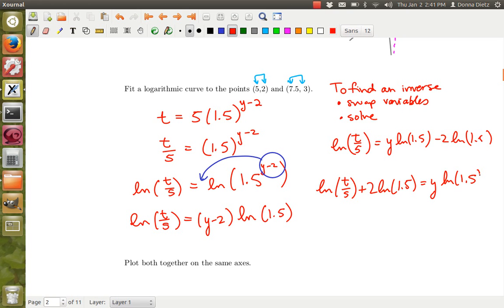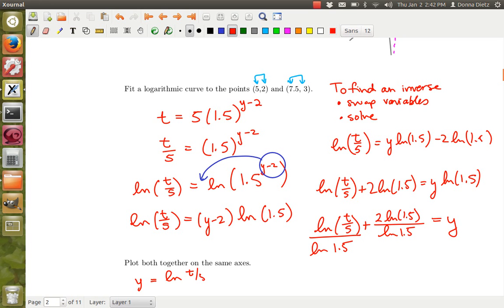In class, I'd prompt you guys to do this. I feel like there must have been some kind of shortcut that I'm missing, maybe not. Okay, so y equals natural log of t over 5 over natural log of 1.5, and then you're just going to add 2 to that.